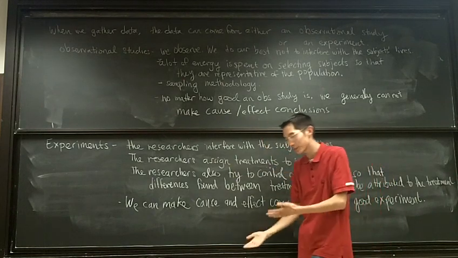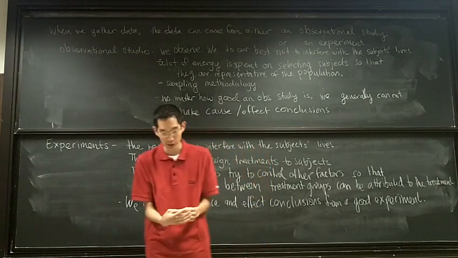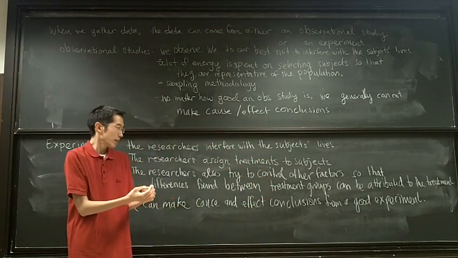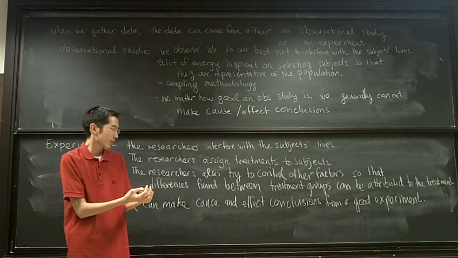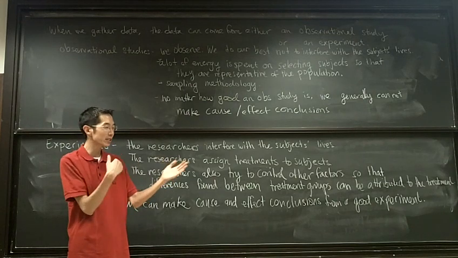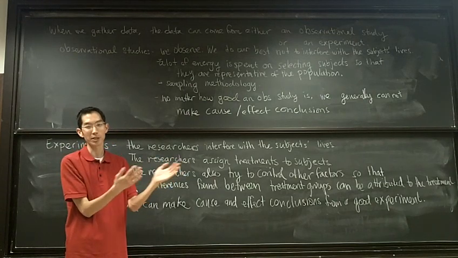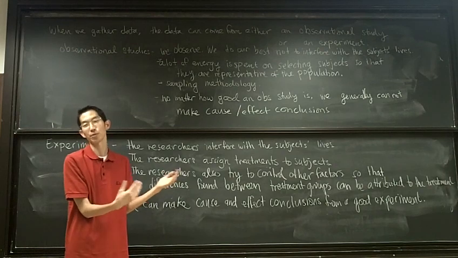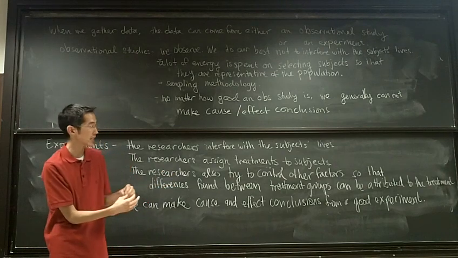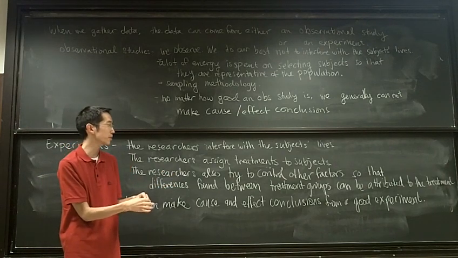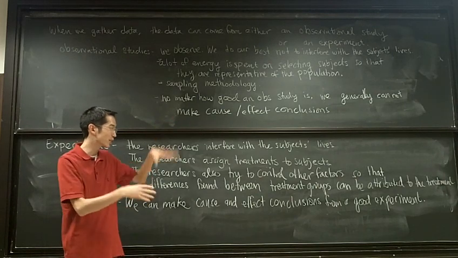I can give you examples of silly observational studies where it might seem like there's a cause and effect relationship, but you cannot prove that a cause and effect relationship exists. Okay? And so it was only through a bunch of hoops.